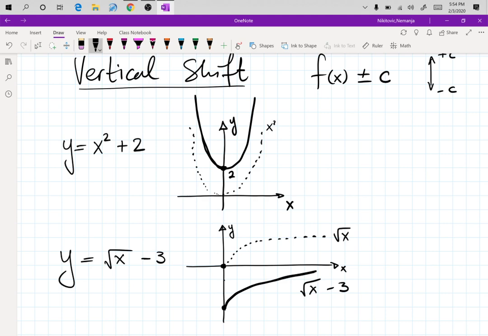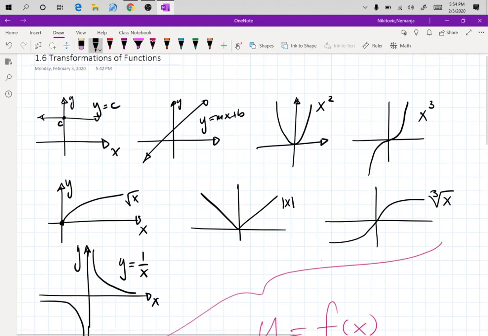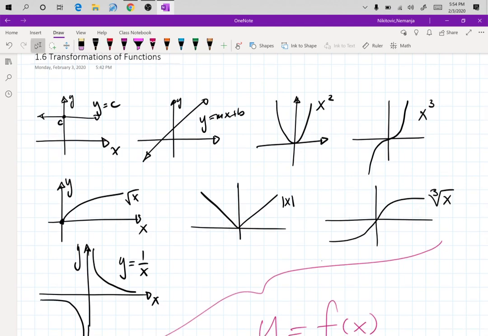So this is what we are learning now. We are learning that vertical shift would simply move the graph from its original state up or down whatever amount of units you have. Now you're going to say, wait, what is my original shape? Memorize it. That's why this is called what you study, right?